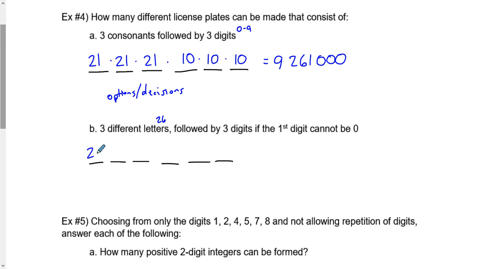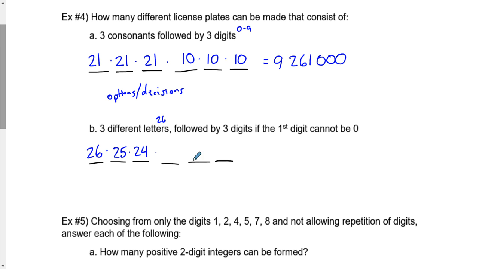So if we have 26 options for that first one, it has to be different, so we can only have 25 options left. And then 24.